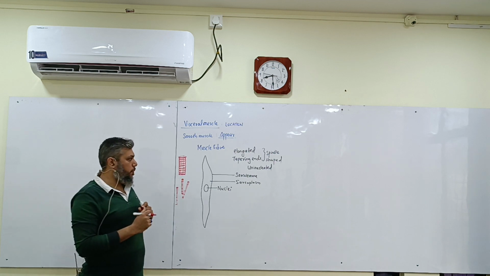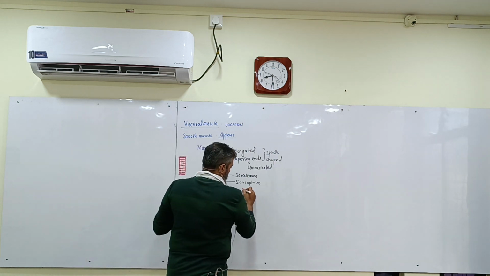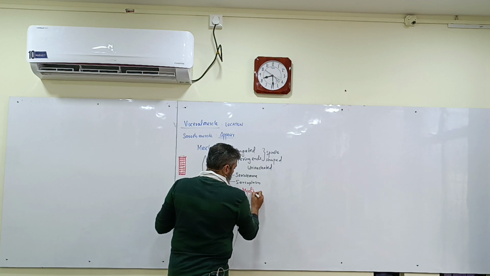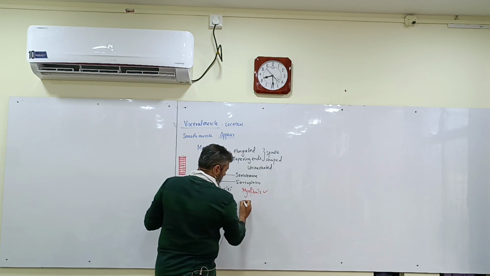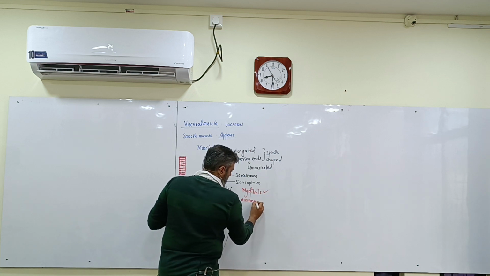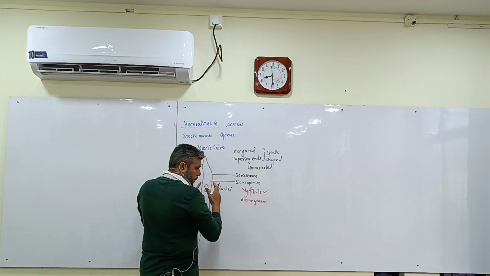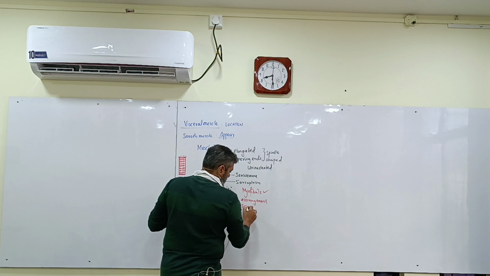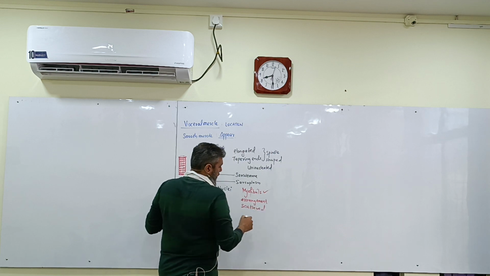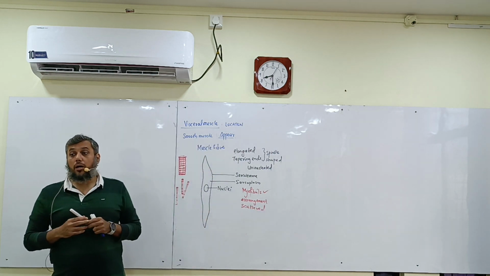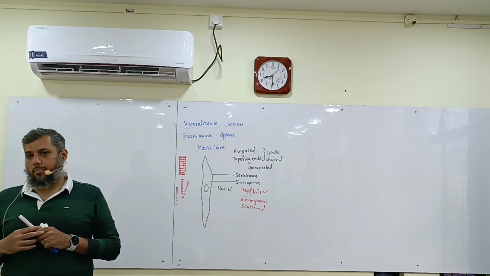Are myofibrils present? Yes. But is their arrangement in a parallel manner or are they scattered in the cytoplasm? As a result, it will not give you a striated appearance.